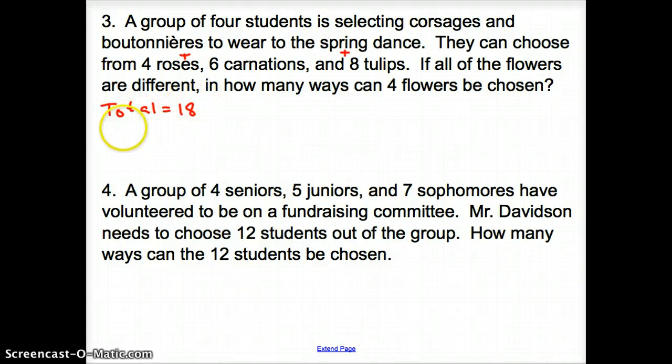We are choosing 4. Now, does it matter how we rearrange those 4 flowers? It does not matter. So we have 18 choose 4.